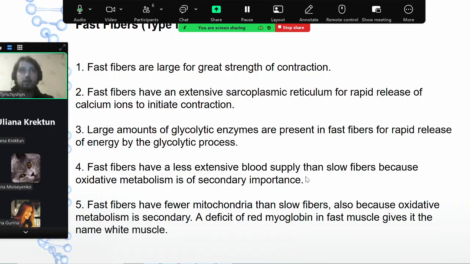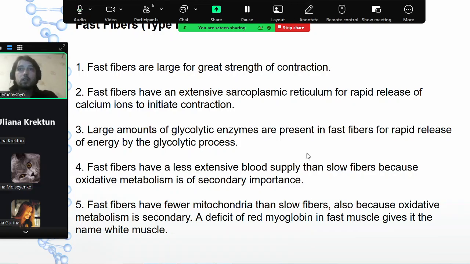Of course, these processes you can find in these fibers as well, but they don't rely on them so much, so they don't need such extensive blood supply as slow fibers. So this sort of oxidative metabolism is of secondary importance.